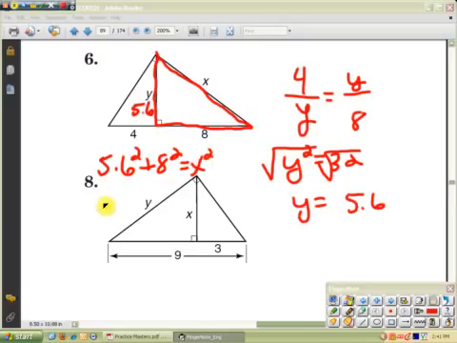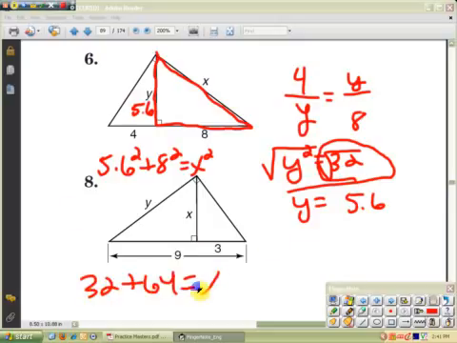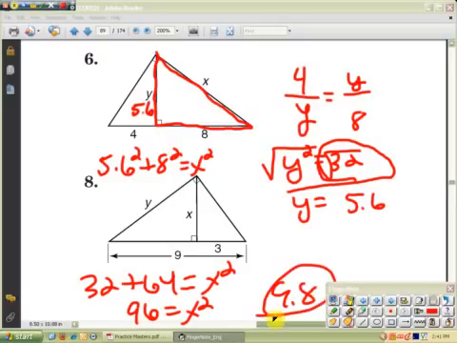So we know that this is 32 because we just found out that the square root of 32 is 5.6. Well, now I'm squaring that number. So we're going to have 32 plus 64 equals x squared. That's 96 equals x squared. Square root of 96 is 9.79 or 9.8. So x is 9.8.